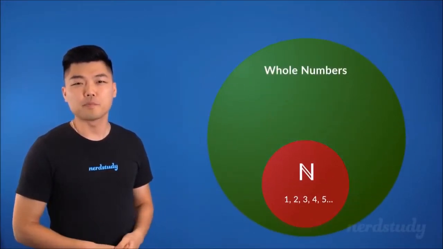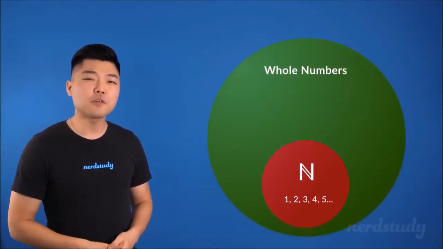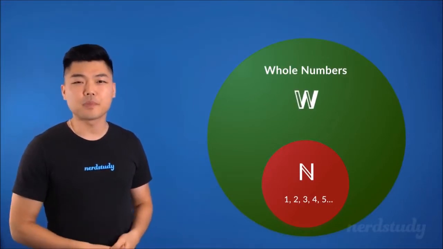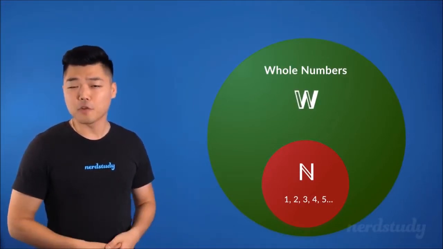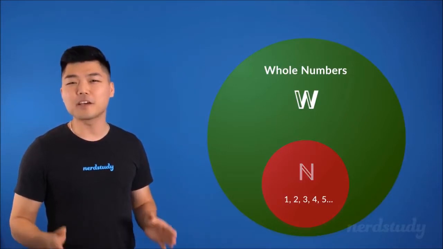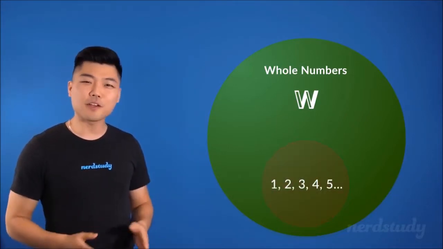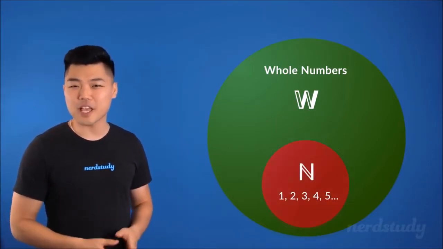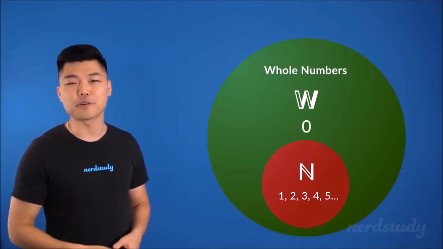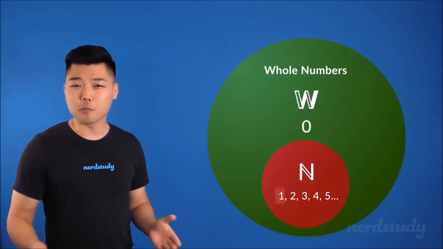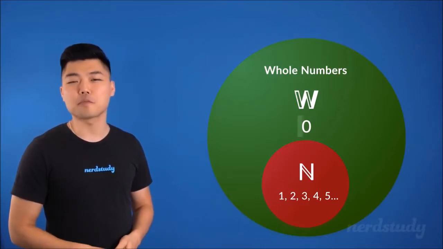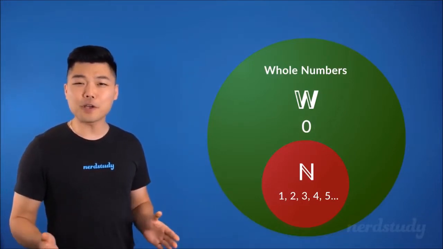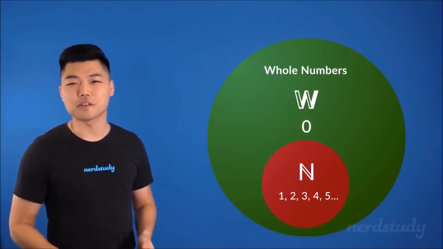The next layer of numbers are the whole numbers. Whole numbers can often be denoted using this symbol. Now, the classification of whole numbers are exactly like natural numbers, in that it includes all of the natural numbers, and it also includes 0. So instead of starting from 1, whole numbers start from 0. Another cool way to remember this is to think about it like this.